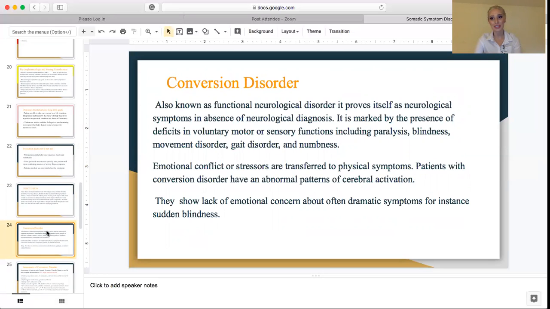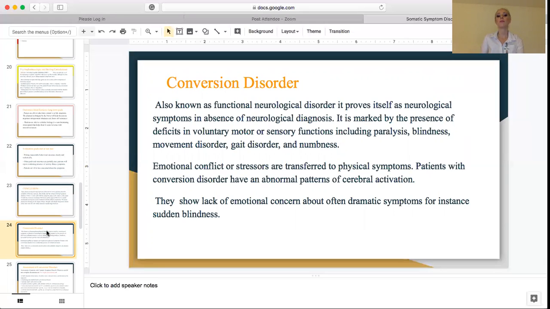Conversion disorder is another disorder that falls under somatic symptom disorders. This is known as the functional neurological disorder. It presents itself as a neurological symptom in absence of neurological diagnosis. So it is marked by the presence of deficits in voluntary motor or sensory function, including paralysis, blindness, movement disorder, gait disorder, and numbness.